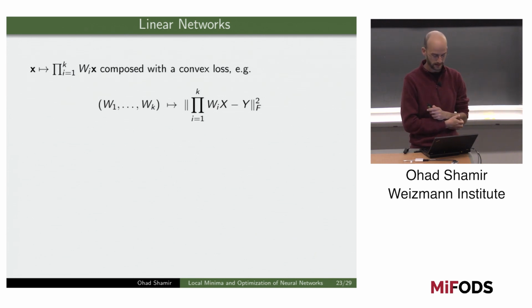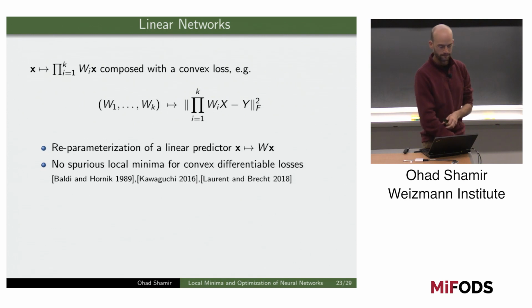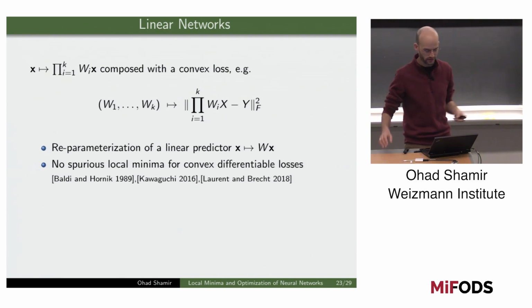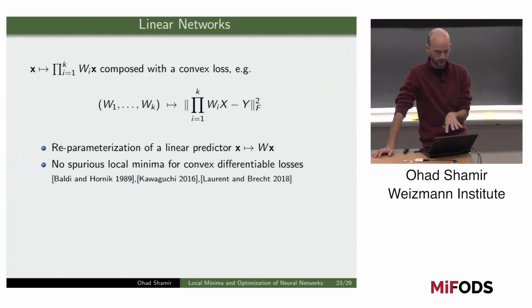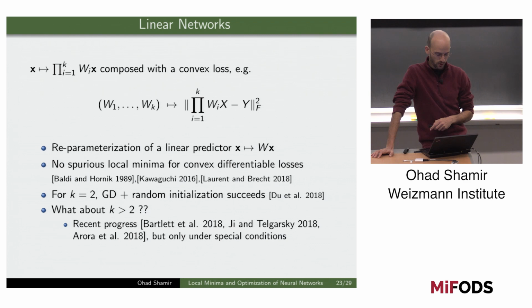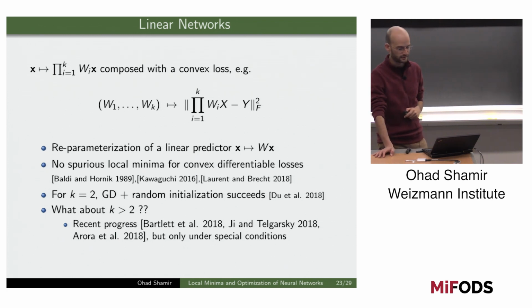It just reparameterizes linear predictors, and it's possible to show that the geometry is nice in the sense that there are no spurious local minima. Also, we know for two-layer linear networks that gradient descent with random initialization succeeds. This was in a paper by Du, Hu, and Jason Lee last year.